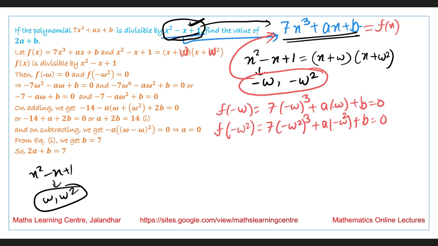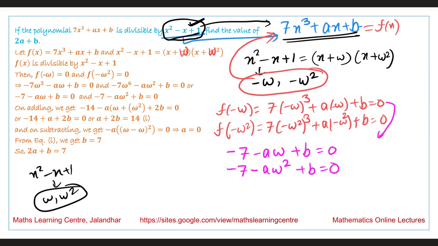So solving these two equations, from the first equation, since omega cube is 1, we have minus 7 minus a omega plus b is equal to 0. From the second equation we have minus 7 minus a omega square plus b is equal to 0.